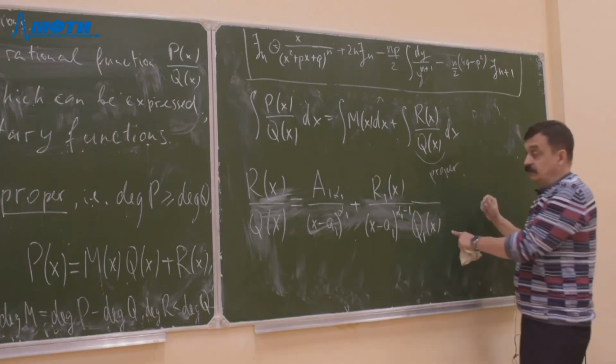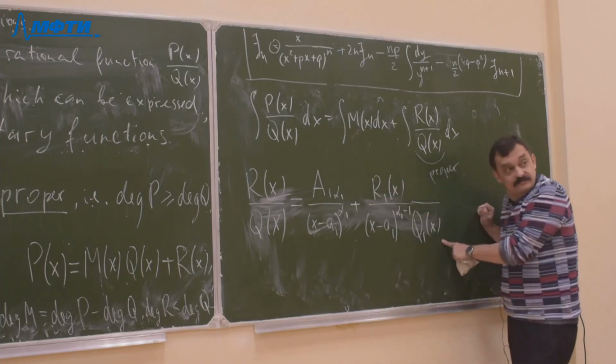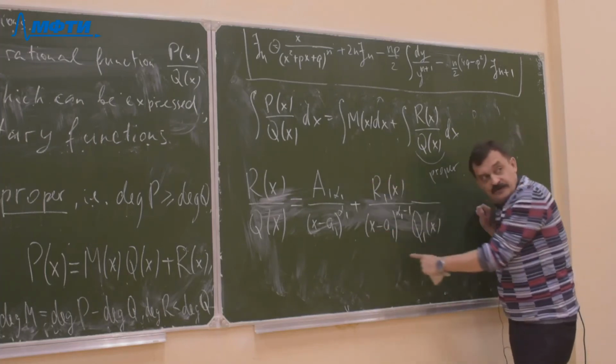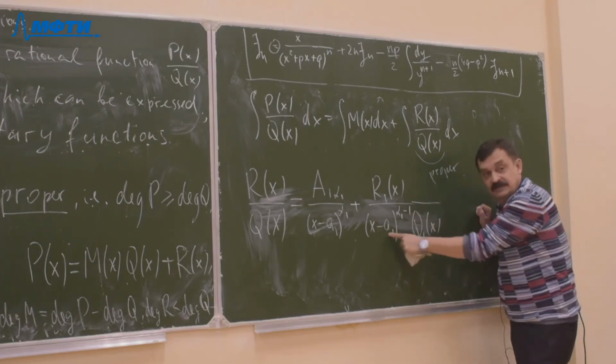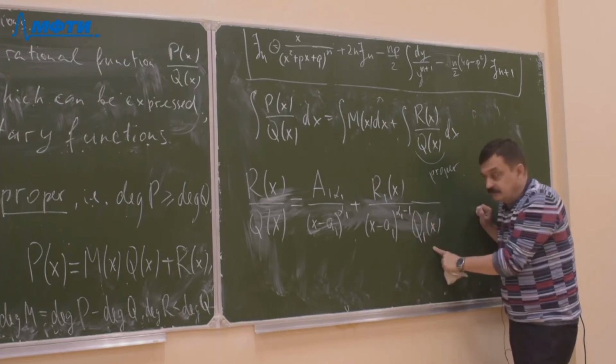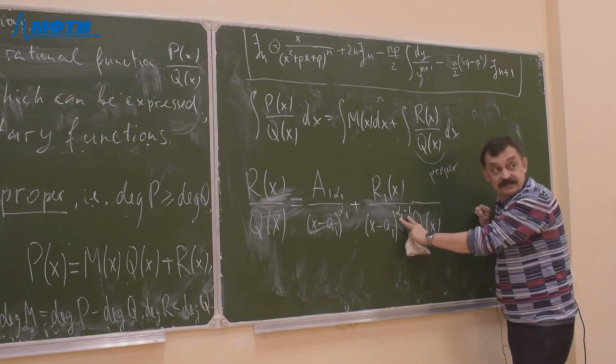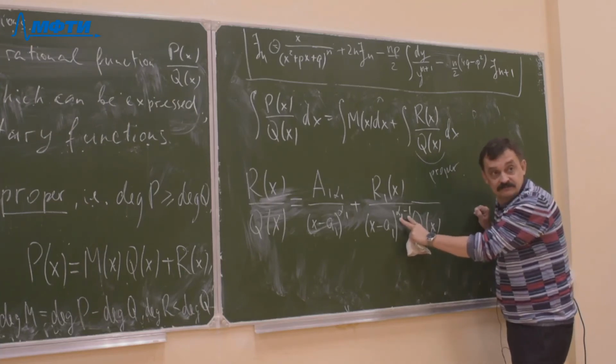After that, look at this. That is again a proper rational function, right? Degree of numerator less than degree of denominator. And we can apply once again lemma 1, right? What does it give?